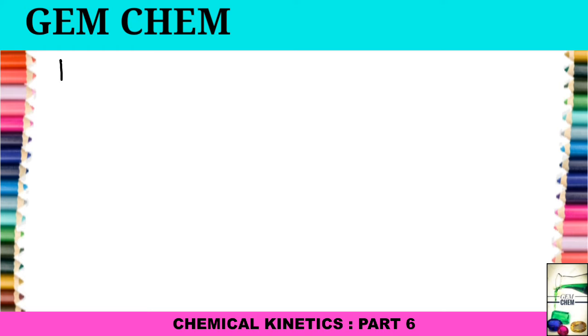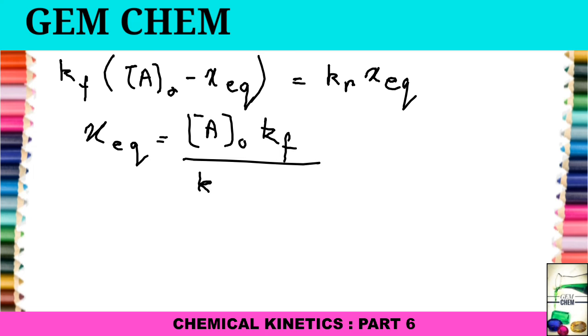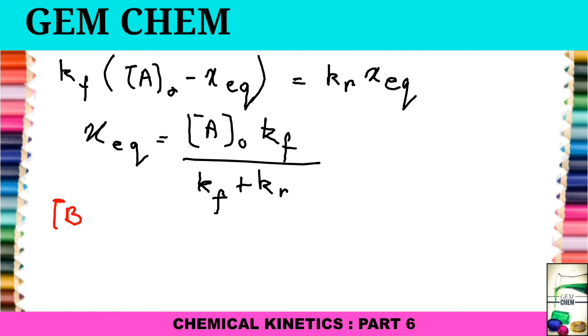So Kf times A naught minus X equilibrium equals Kr X equilibrium, we have already seen. So from here we can write X equilibrium equals to A naught Kf by Kf plus Kr. So ultimately we know that concentration of B at T time is X, right.